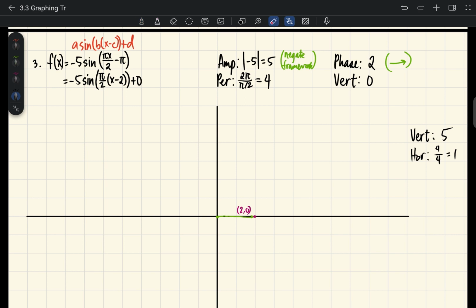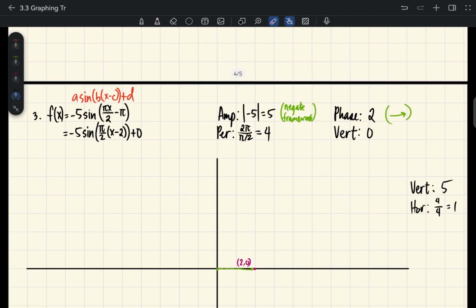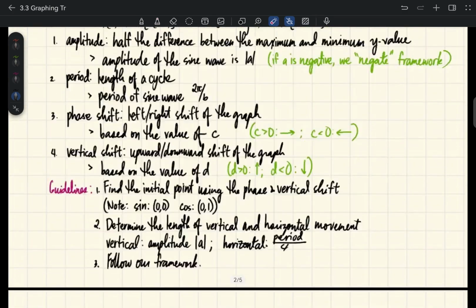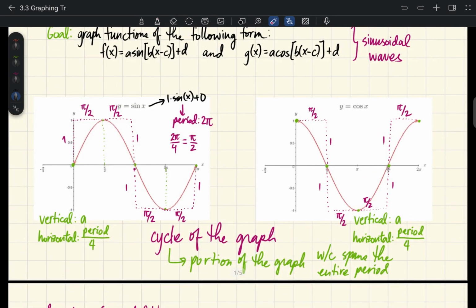To graph this one, first take note that since we have a negative value for A, we have to negate the framework. So by negating the framework, that just means that instead of moving up, we move down first, then move right. Then we move up, move to the right, and move down. So we're just inverting basically our vertical movements.